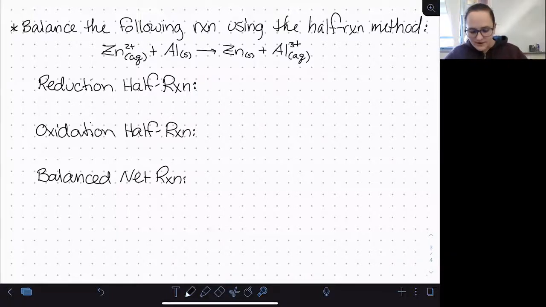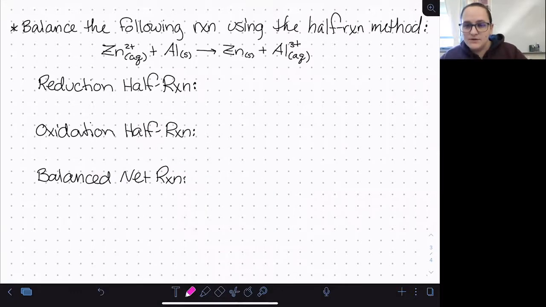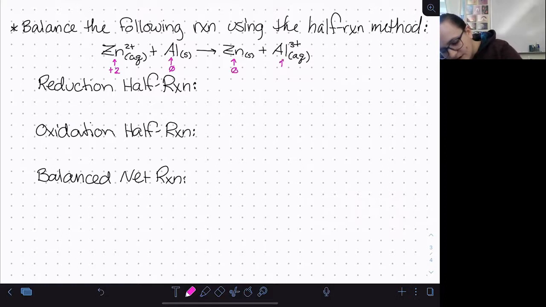So the first thing we want to do is identify what is being oxidized and what is being reduced by assigning our oxidation numbers. So these are all monatomic things, so our oxidation number is just going to be equal to our charge.